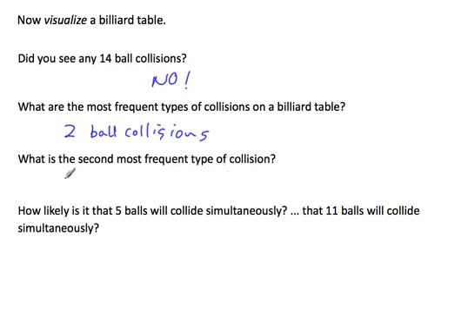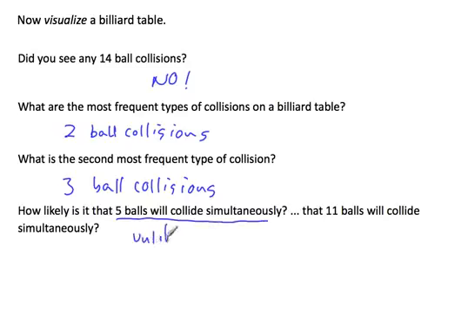And we did see the odd three-ball collision, but they were much less frequent. And so if you think about it, if you extend it, how likely is it that five balls will collide simultaneously? Well, that's unlikely. How about 11? Highly unlikely.